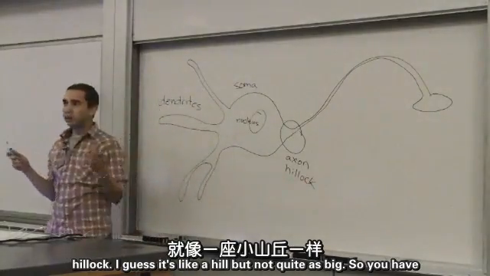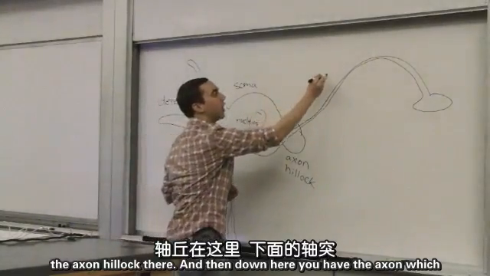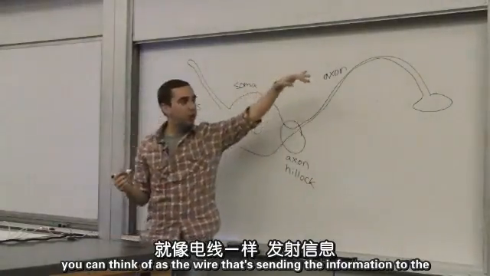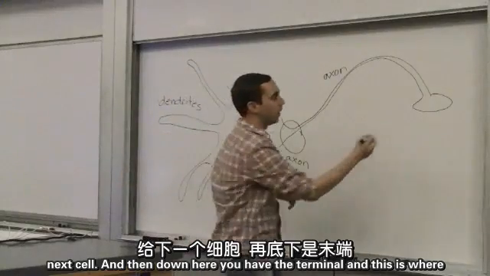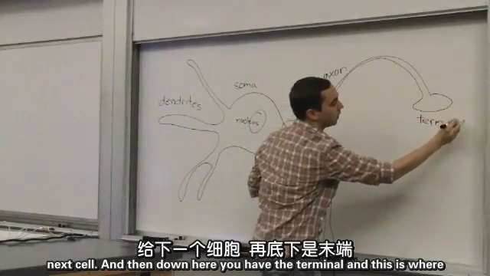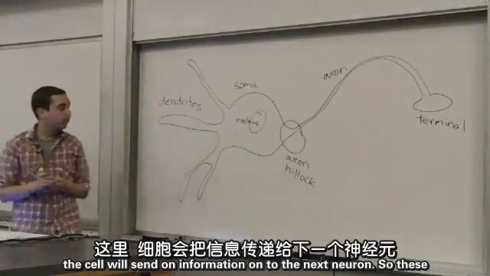I guess it's like a hill, but not quite as big, so you have the axon hillock there. And then down here you have the axon, which you can think of as the wire that's sending the information on to the next cell. And then down here you have the terminal. And this is where the cell will send on information onto the next neuron.